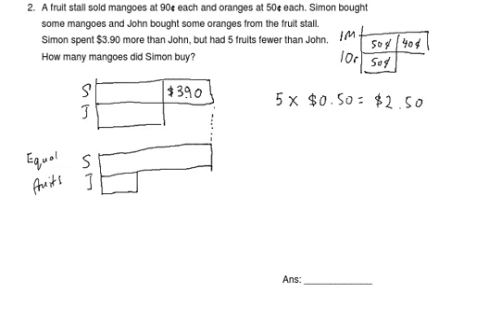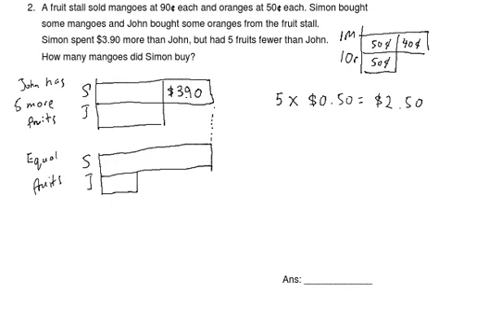Okay, remember now it's equal fruits. The previous case is John has 5 more fruits. That's for the previous model. But now, the new model, they have equal fruits.